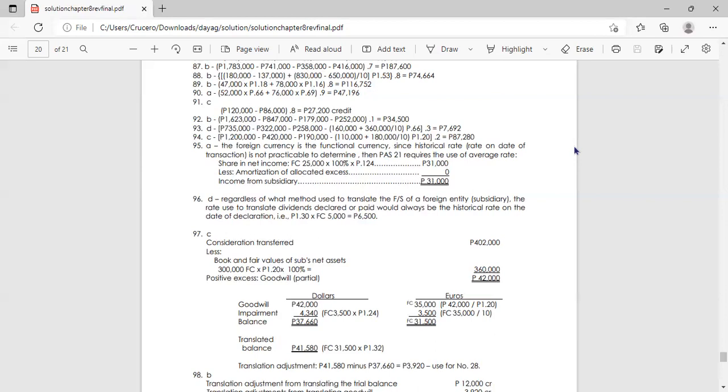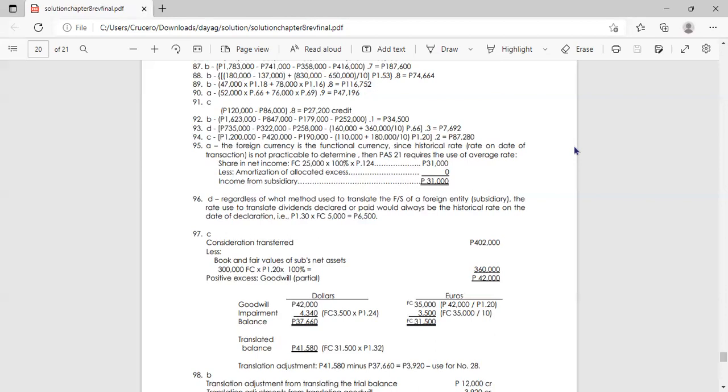Here, share in net income FC 25,000 times 100% times 0.124 or 31,000, and we deduct the amortization of allocated excess for the income from subsidiary of 31,000.